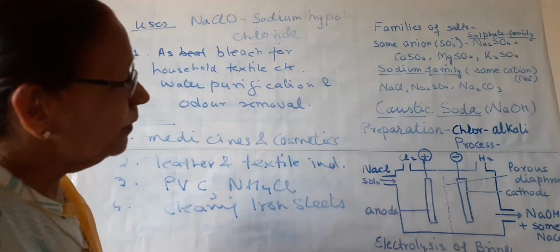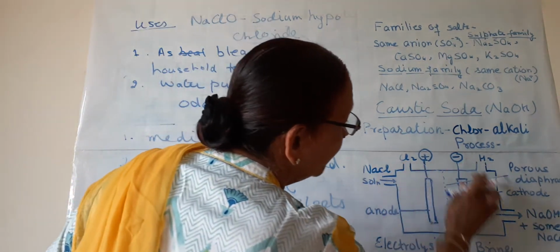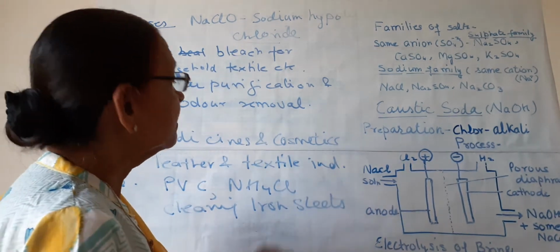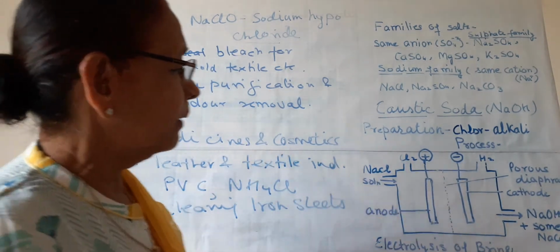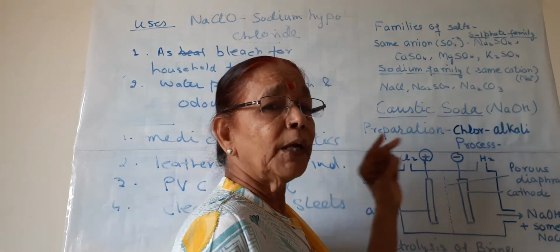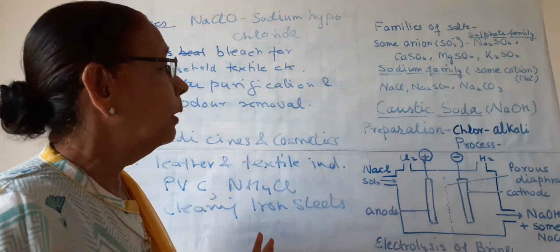So these are uses of these five: chlorine, hydrogen, NaOH, bleach, and what next? HCl. So by electrolysis of brine, three products are formed and two byproducts are formed, and these are the uses of all the five.